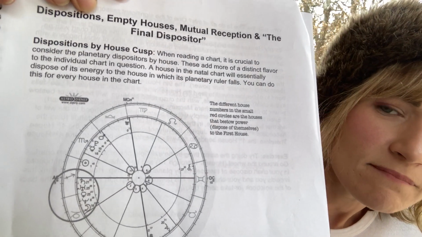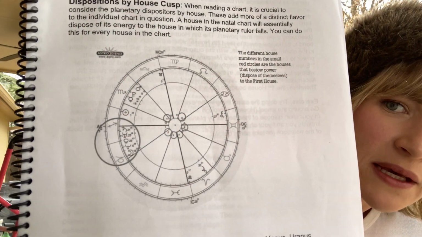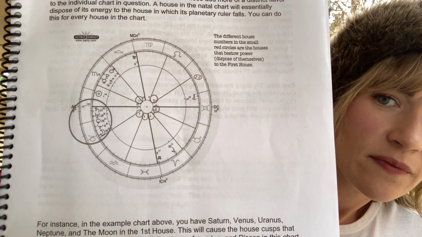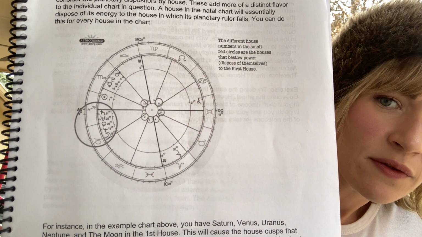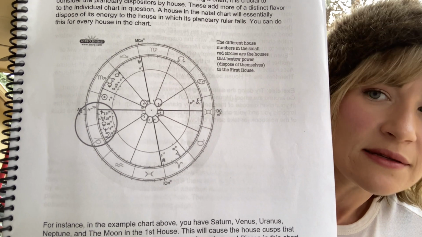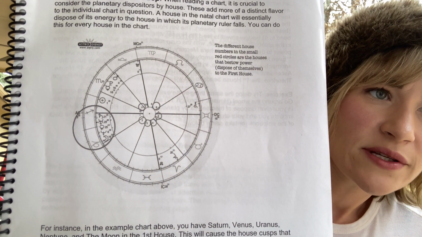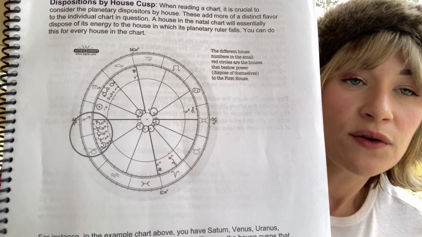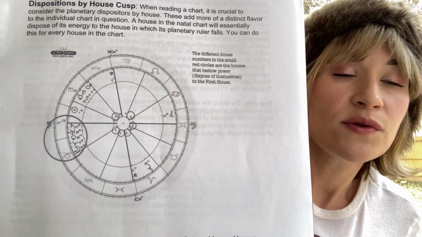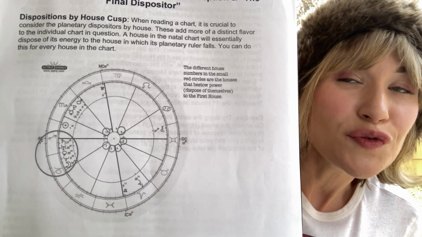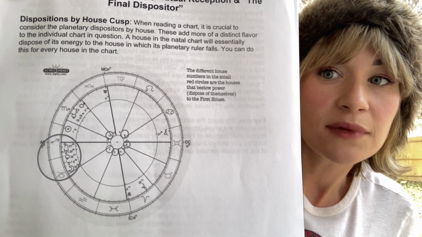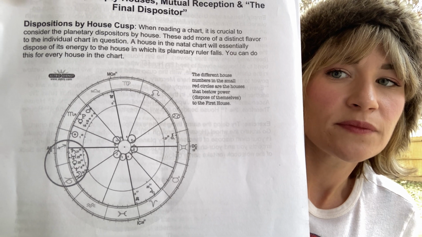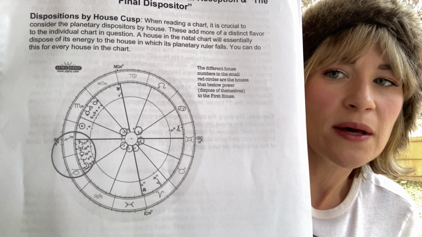Okay, so in my chart, from the ascendant in Sagittarius, you would then go to Jupiter in the 4th. From Jupiter in the 4th in Aries, you would then go to Mars. Mars is in Scorpio in the 11th. If you used traditional rulership, you would end there, because Mars is at home in Scorpio by traditional rulership.